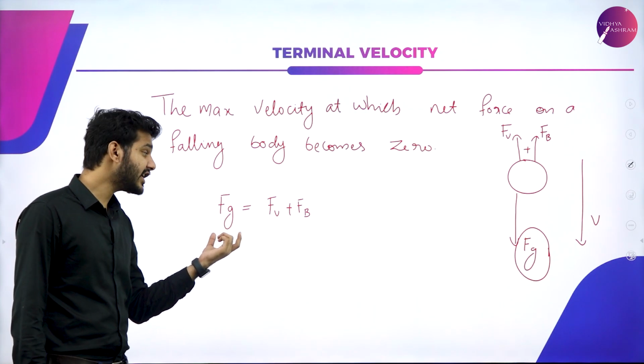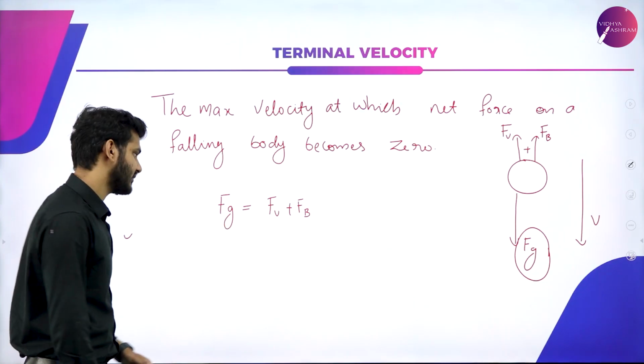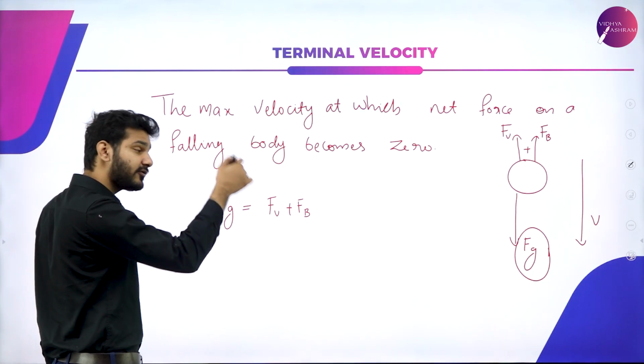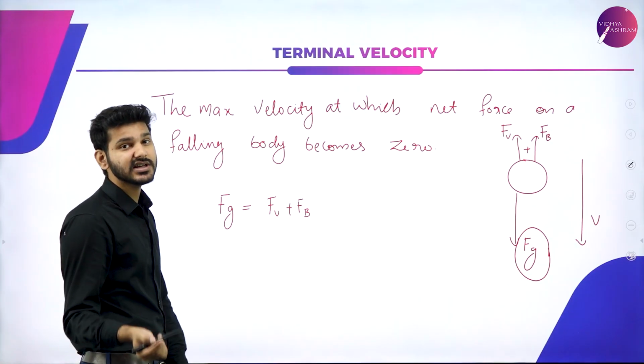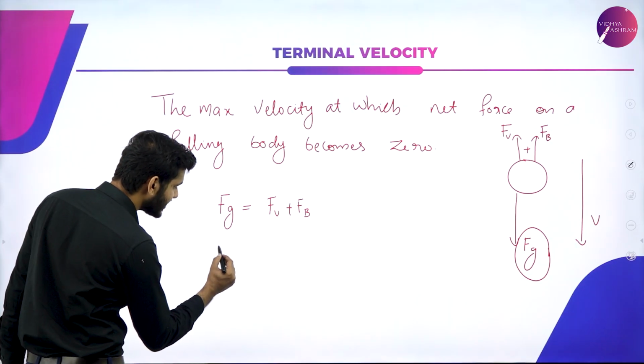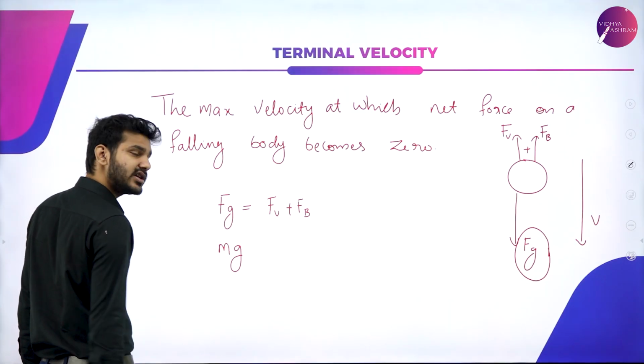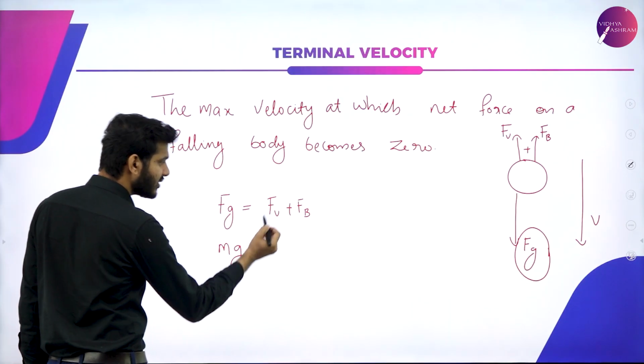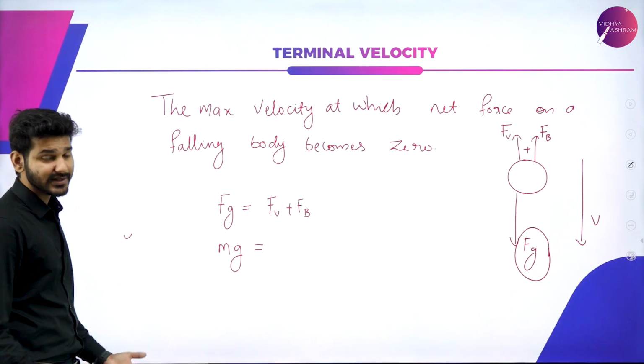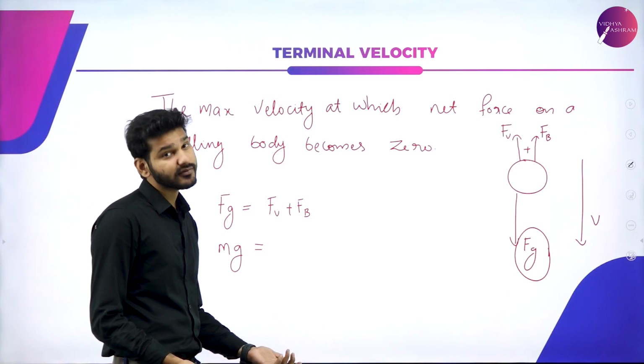But we already know an equation for Fg. If any mass is falling under the influence of gravity alone, we can just say that it is m times g, right? That is gravitational force, which is equal to Fv plus Fb. Fv we just learned, that is 6 pi eta Rv.